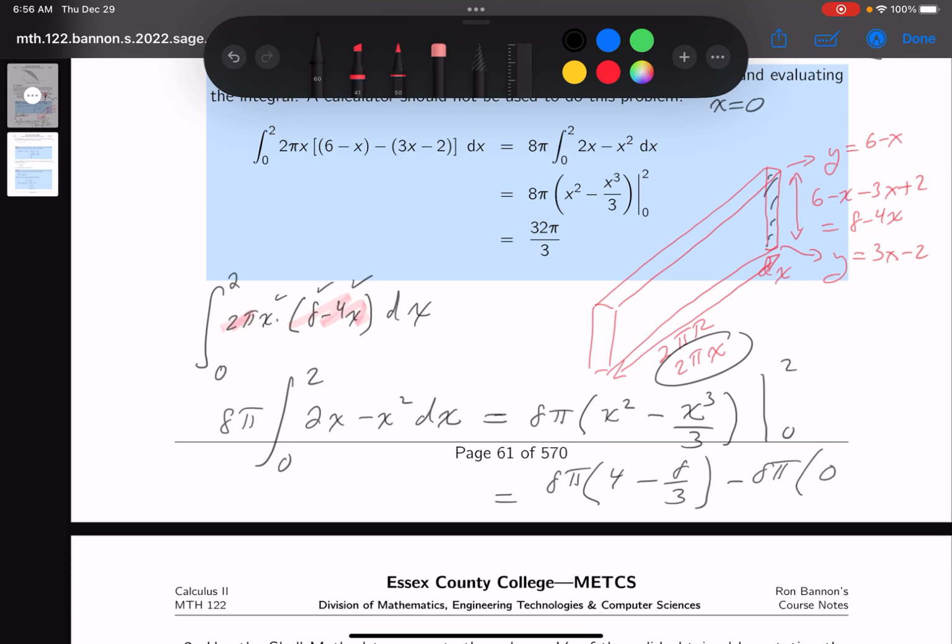Well, that's going to be 0, so that's pretty simple. So what do you get here? Let's write this down. 8 pi, common denominator of 3. And let's see, you get 12 minus 8, which is 4. 4 thirds. And what do you get there? You get 32 pi over 3 for my final answer.